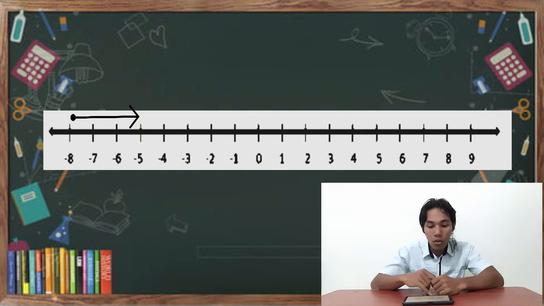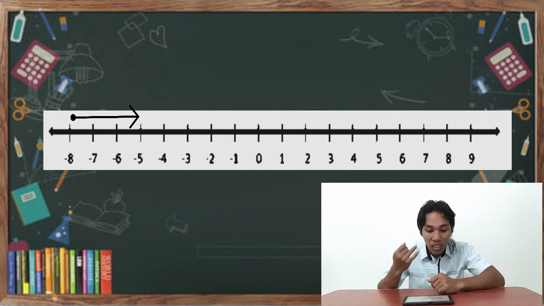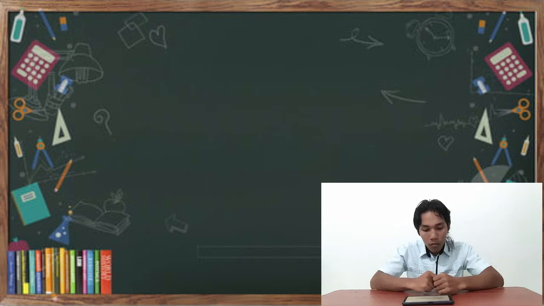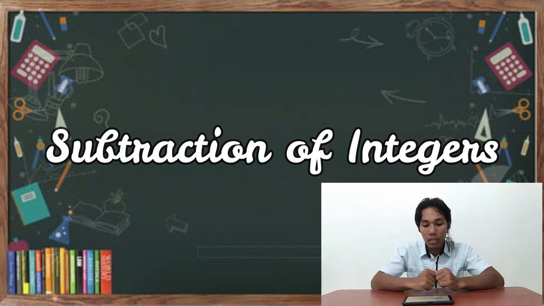So we will go to the positive side, which is the right side. Negative 8, so negative 7, negative 6, and negative 5. So the answer is negative 5. And now we will go to subtraction of integers.